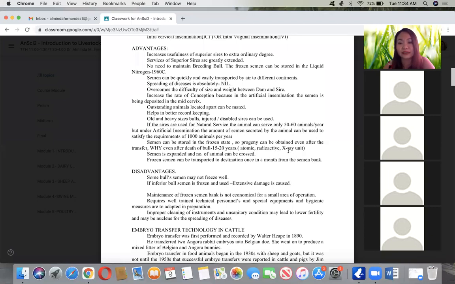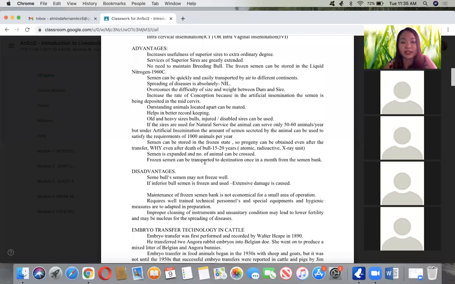They even said that Michael Jackson's semen is frozen in liquid nitrogen and is still available for those who want to buy it. So semen is expanded and the number of animals can be grossed.